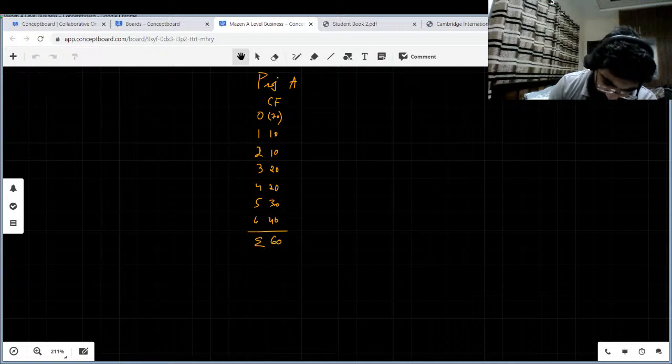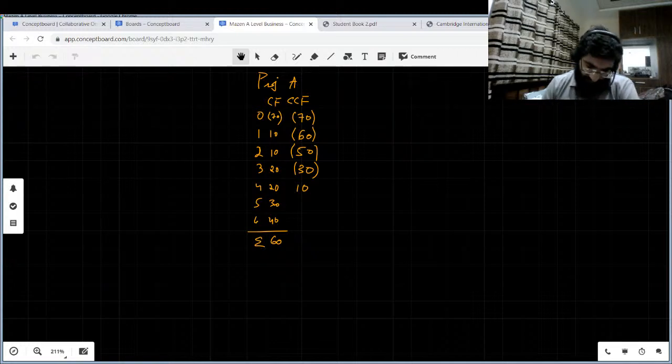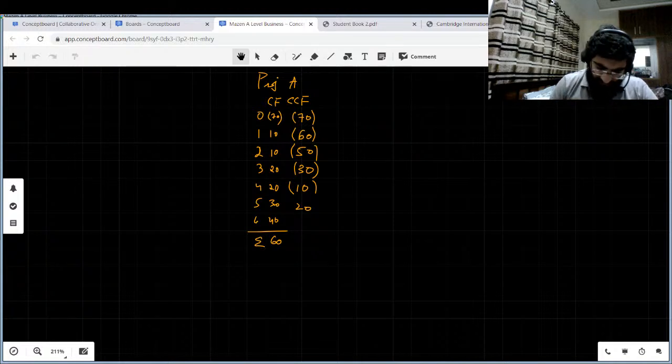For this we have cash flow and we will need cumulative cash flow. At the end of year 0 cumulative cash flow is negative 70, then it becomes negative 60, then negative 50, then negative 30, then negative 10, and then it becomes positive 20. So I know that payback period is in between 4 years and 5 years.